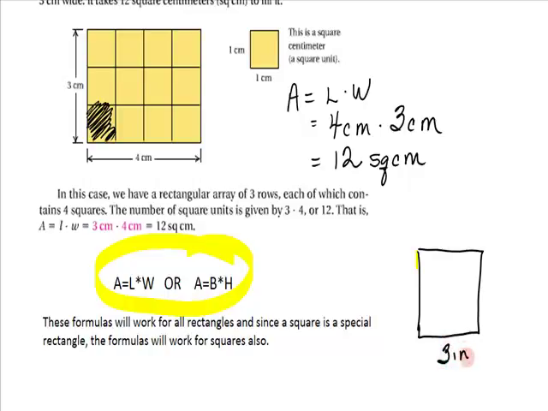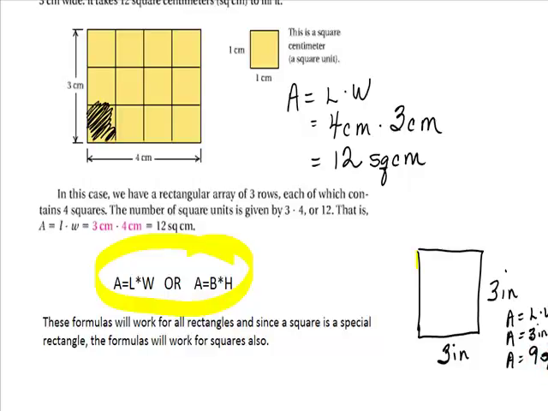So if this is 3 inches and this is 3 inches, it is a rectangle, poorly drawn, but it is a rectangle, but it is also a square. And you can find its area, which is length times width. So it is 3 inches times 3 inches, which is 9 square inches.